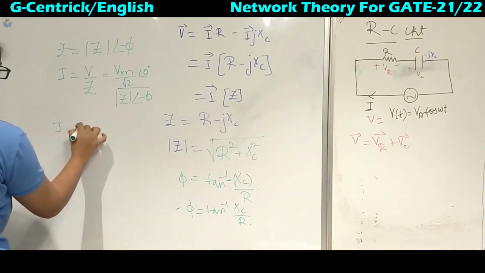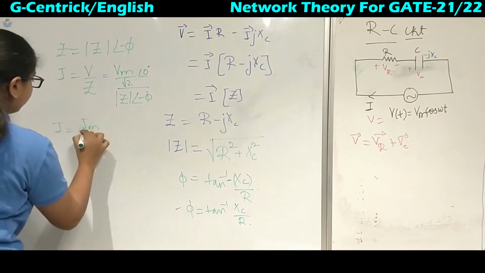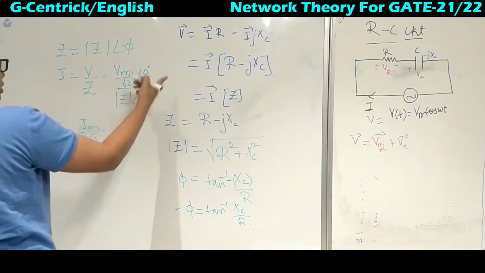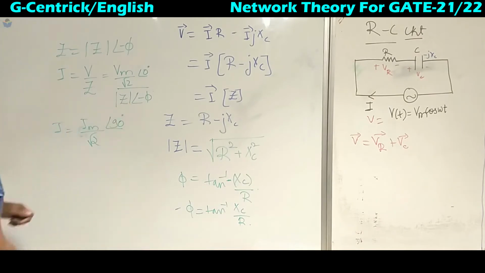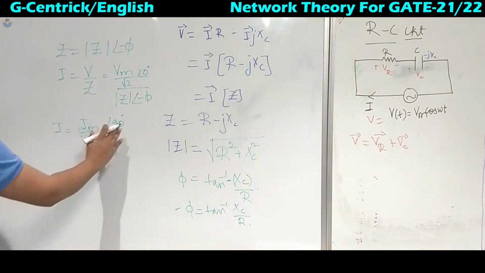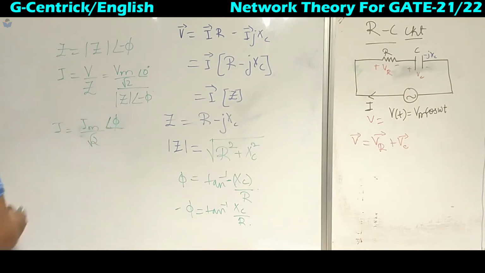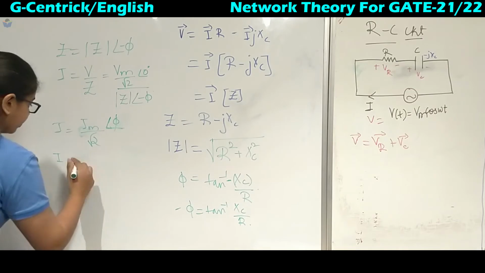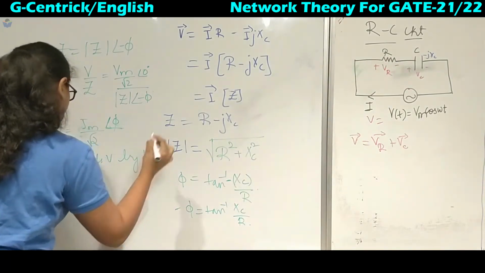So I is equal to Im by root 2, and 0 minus minus phi becomes plus phi. So this is positive phi, which means that I is leading. I leads V by phi degrees.